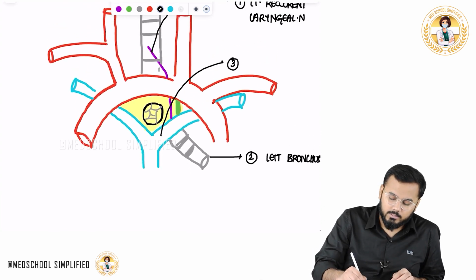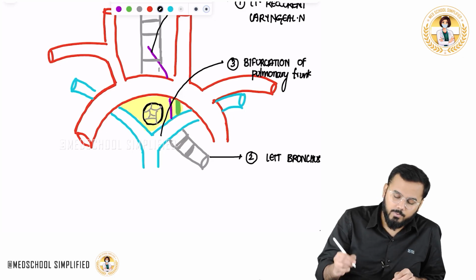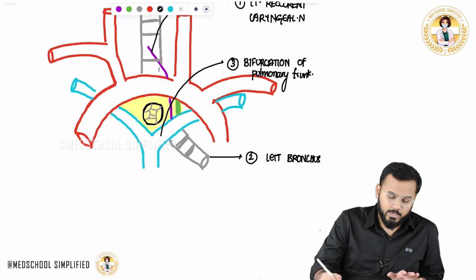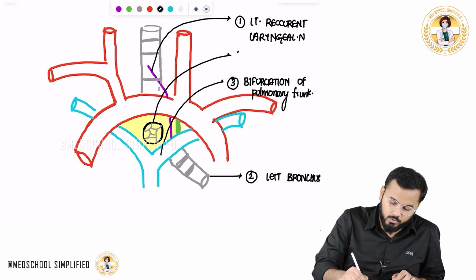The third important thing is the bifurcation. Bifurcation of what? This is the bifurcation of your pulmonary trunk, right? So left main bronchus, bifurcation of your pulmonary trunk, and this one over here is your fourth important structure, that is your cardiac plexus.